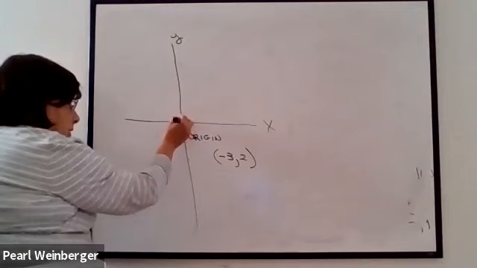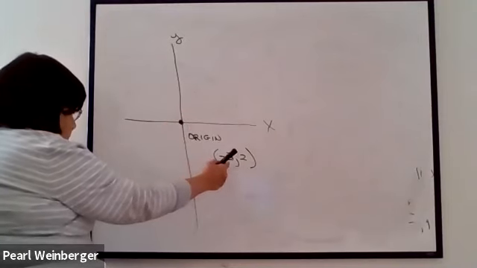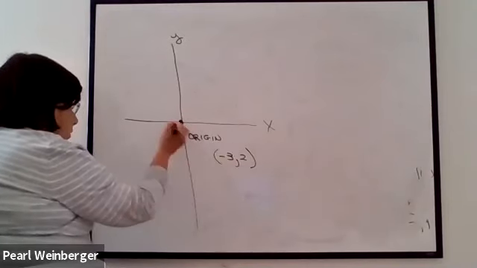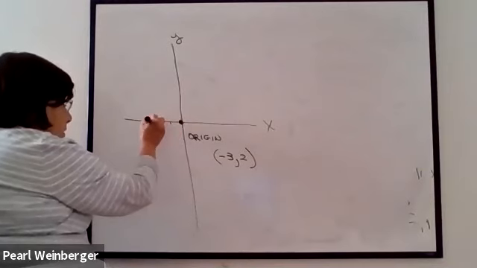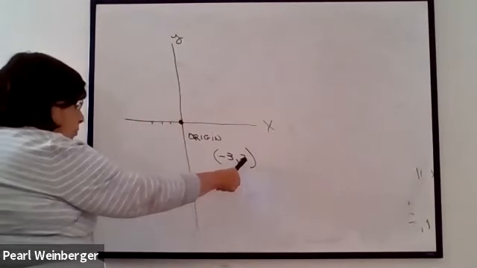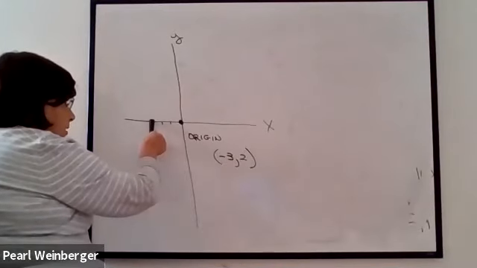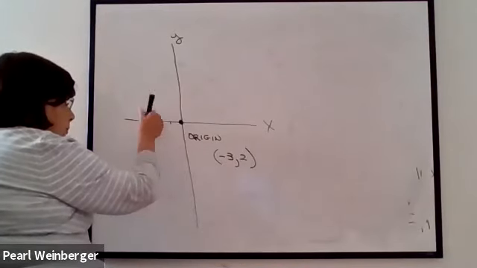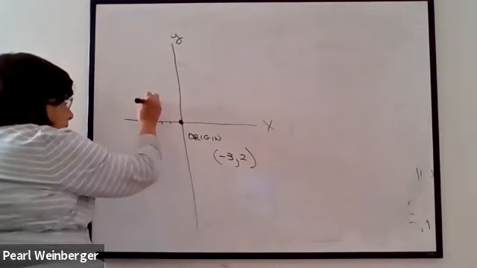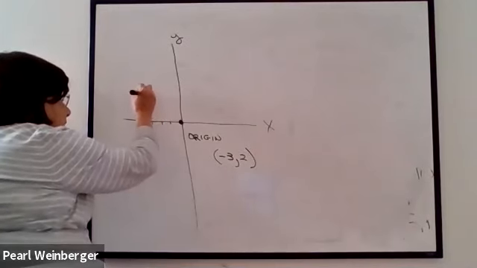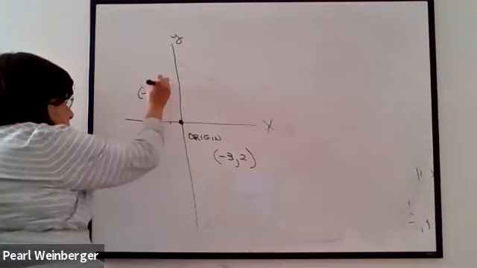Well, it means start at my origin. First number is the x coordinate, means -3, go 3 to the left. And the y coordinate, the y number, is 2. That means from here, go up 2. And this is the point -3, 2.